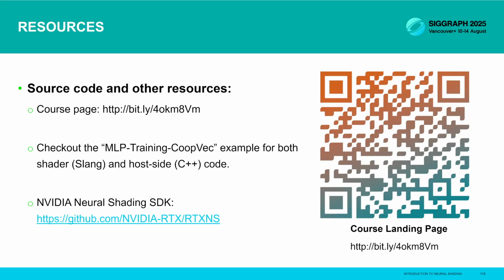In addition, you can check out NVIDIA's Neural Shading SDK, which provides a more comprehensive library in Slang that implements CoopVec accelerated neural network inferencing and training. Next, we will have Alexei talk about the performance considerations of using cooperative vectors.